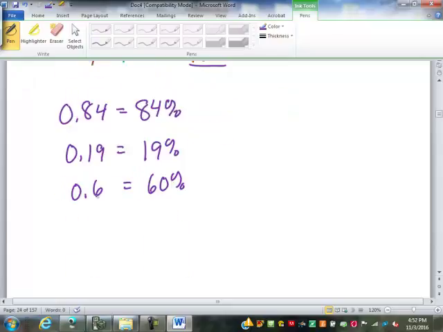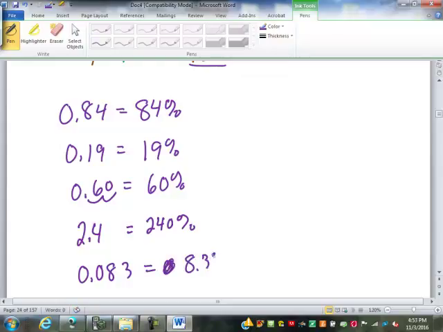So you multiply by 100, it goes 1, 2, you got to add the 0, make it 60. 2.4. Perfect, 240%. 0.083. Yeah, 8.3%. Perfect.